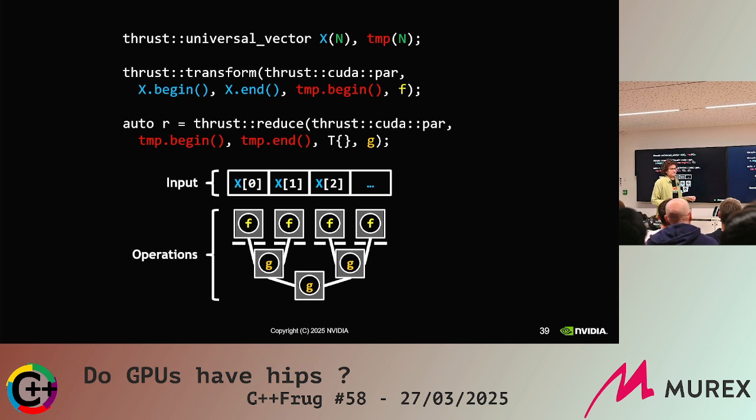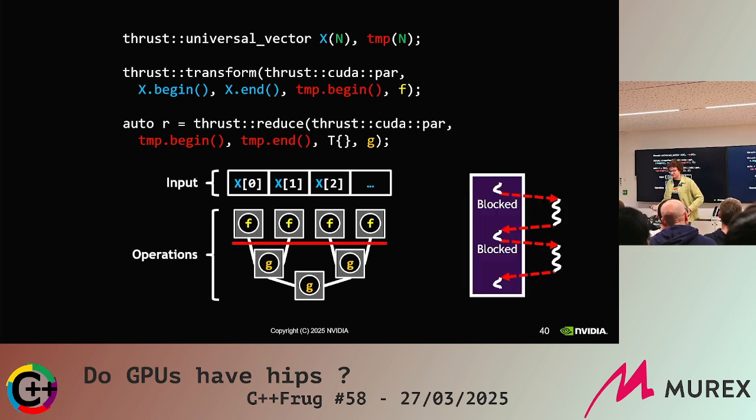So iterators can help us fuse together operations into beefier and more efficient work. Suppose that we want to transform some data with one function f, and then we want to reduce it with some reduction operation g. There are two problems with the approach as we've shown right here. By default, the Thrust algorithms are fork-join synchronous, so each invocation launches its work on the device and then blocks on the host until that work completes.